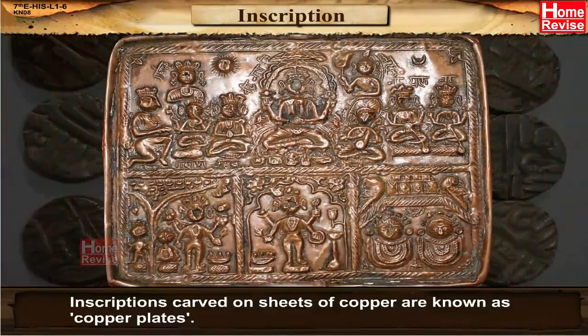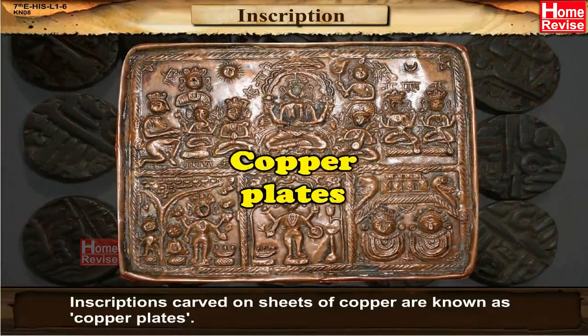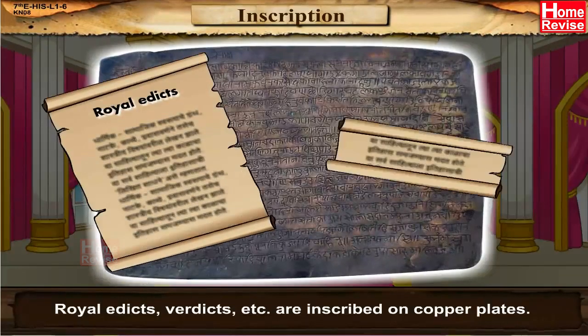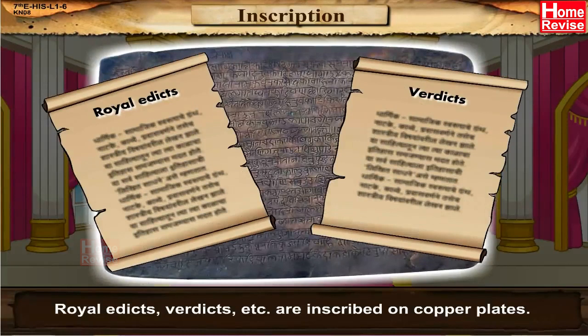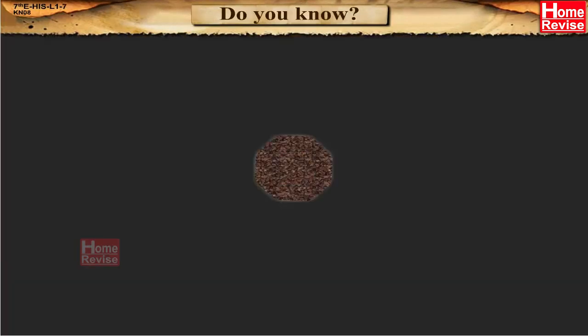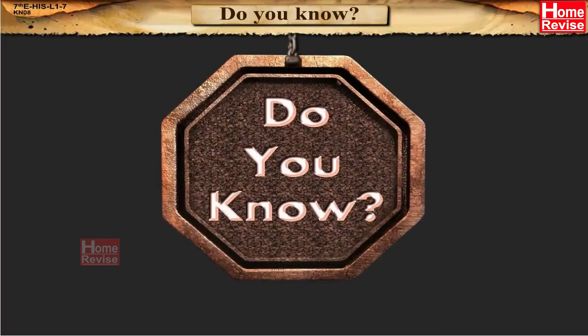Inscriptions carved on sheets of copper are known as copper plates. Royal edicts, verdicts, etc. are inscribed on copper plates. Do you know?